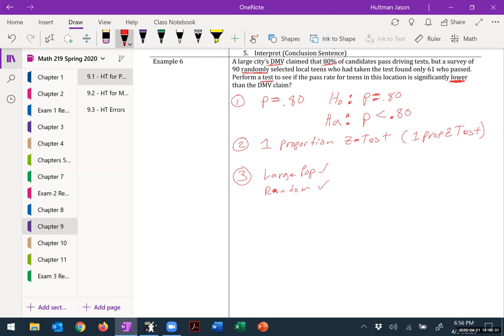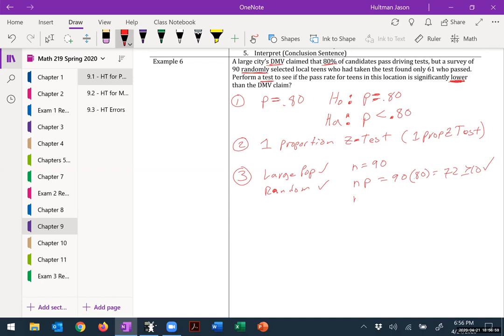Is it a large enough sample? How many were chosen? What's n? n is 90 in this case, right? So what's np? What's 90 times 0.80? Well, that's 72. And that is greater than or equal to 10, so that checks.